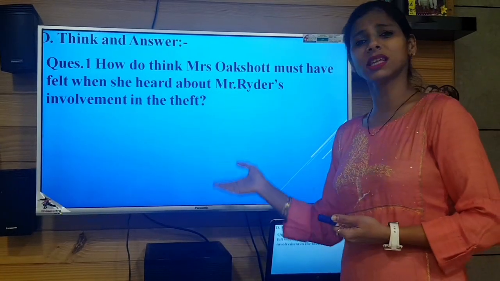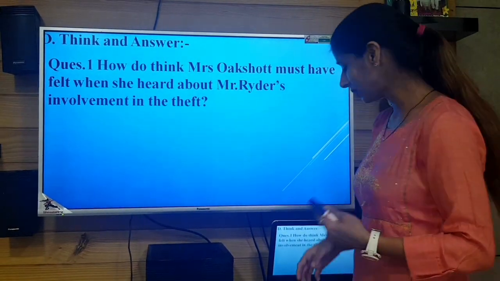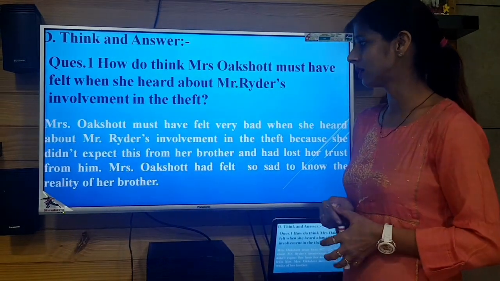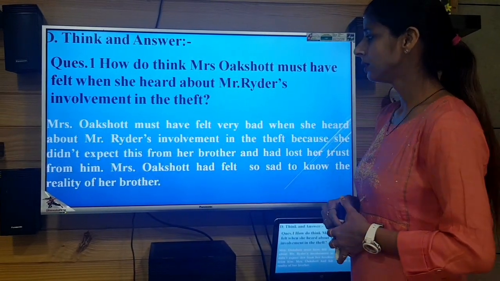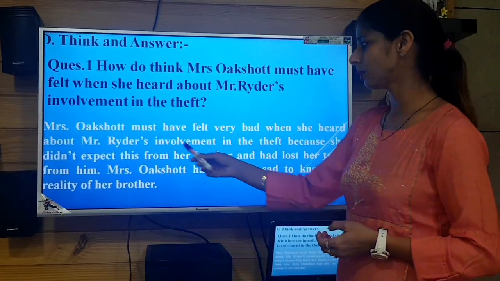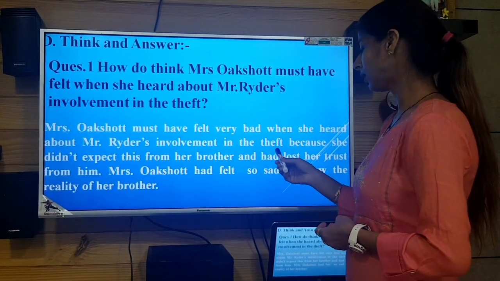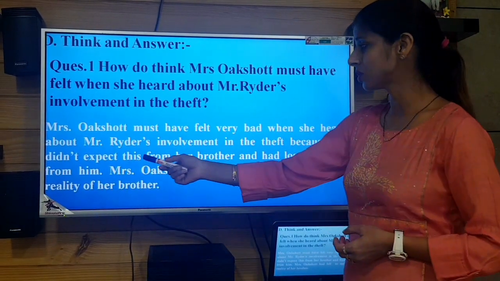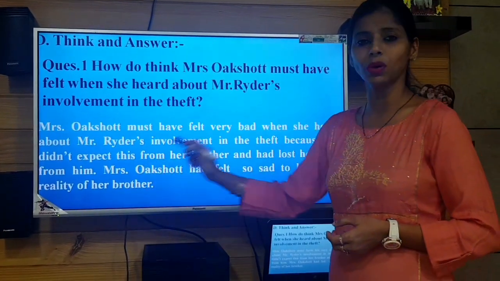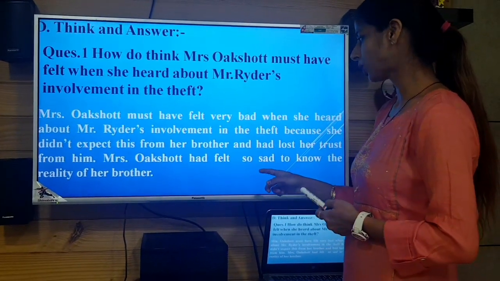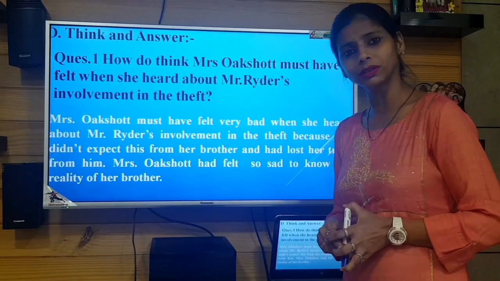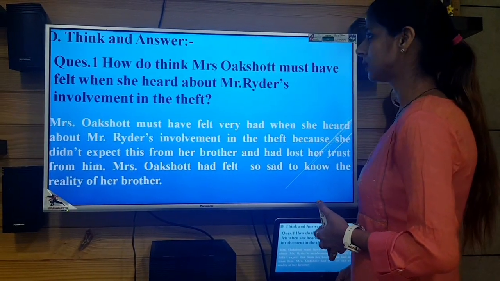Even we would have felt the same way if we had been in her place. So then the answer: Mrs. Oakshott must have felt very bad when she heard about Mr. Ryder's involvement in the theft, because she didn't expect this from her brother and had lost her trust in him. Mrs. Oakshott felt so sad to know the reality of her brother, right? So here was the answer.